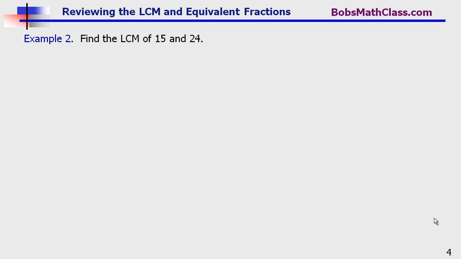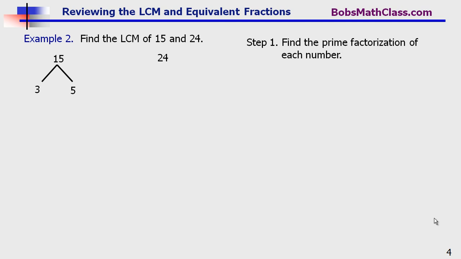Okay. Find the LCM of 15 and 24. So we're not going to list the multiples. We could, but we want to use a better process. So step 1. Find the prime factorization of each number. So do the tree. Let's see, 15, 3 times 5. 24, 4 times 6. 4 is not a prime number, so we could break down the 4 to 2 times 2, and 6 is 2 times 3.